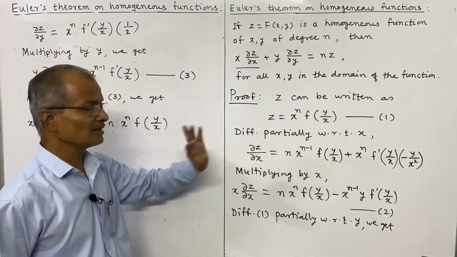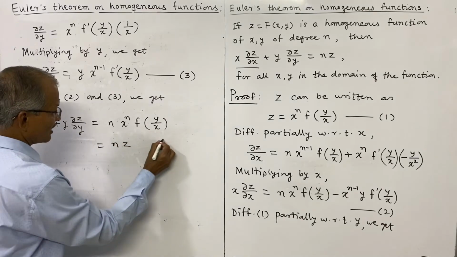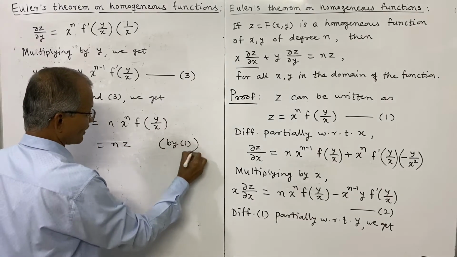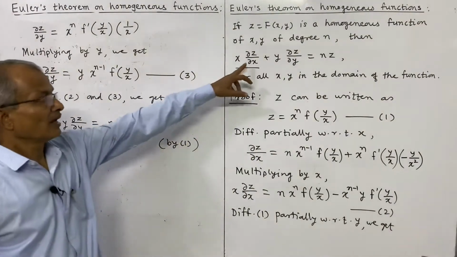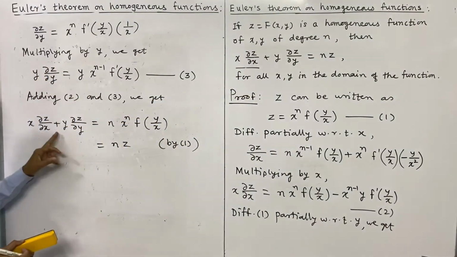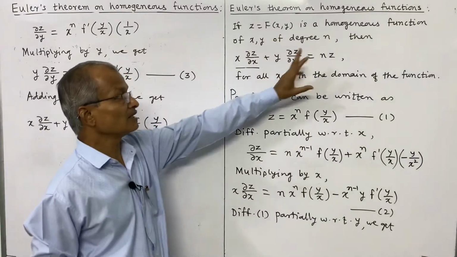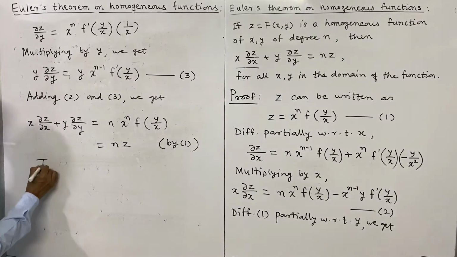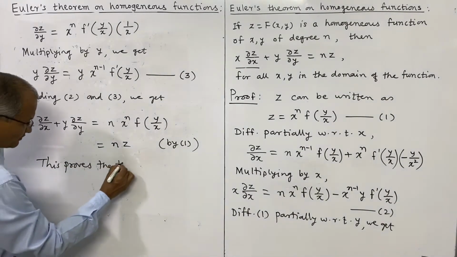That is exactly z, and this is equal to n into z. This follows by 1, using 1 here, and this is what we wanted to prove. x dou z by dou x plus y dou z by dou y is equal to nz. See, and this proves the theorem. Thus we have proved Euler's theorem.